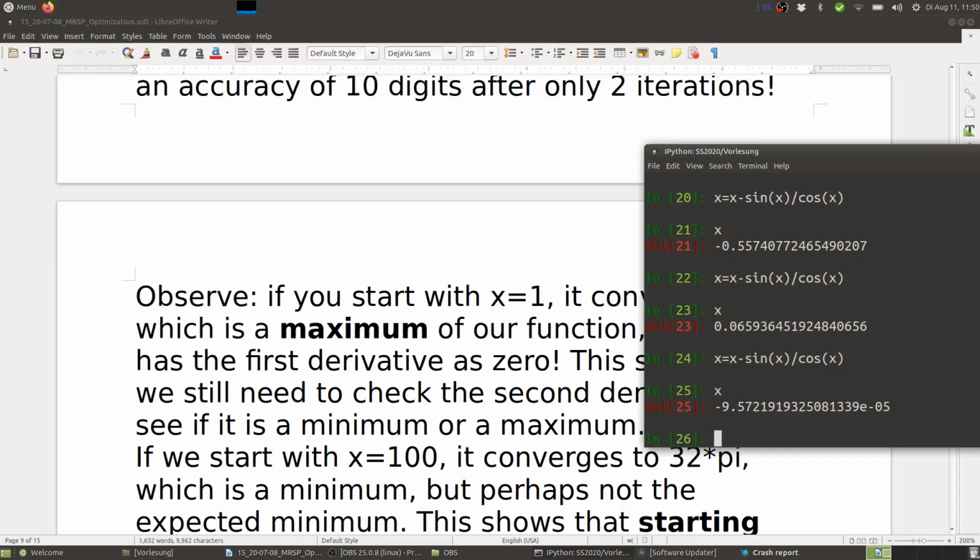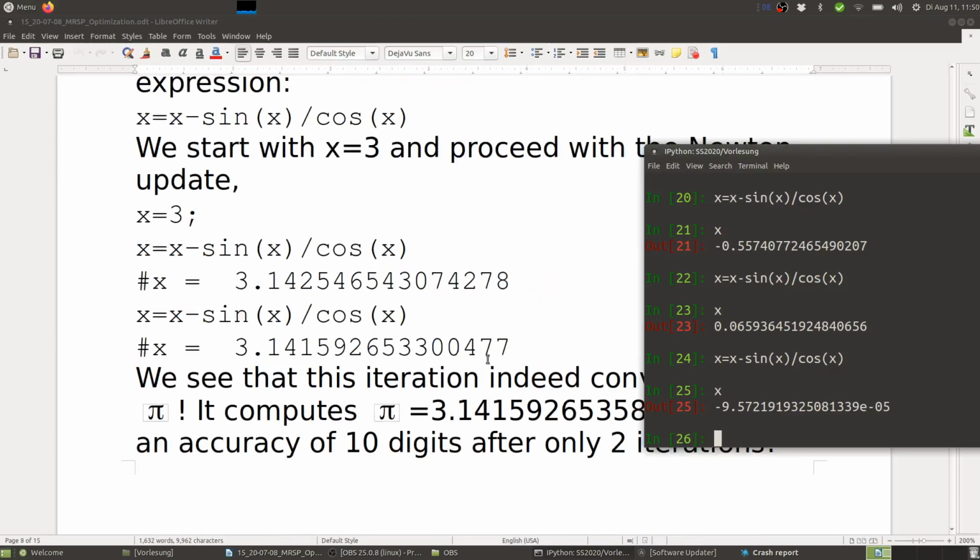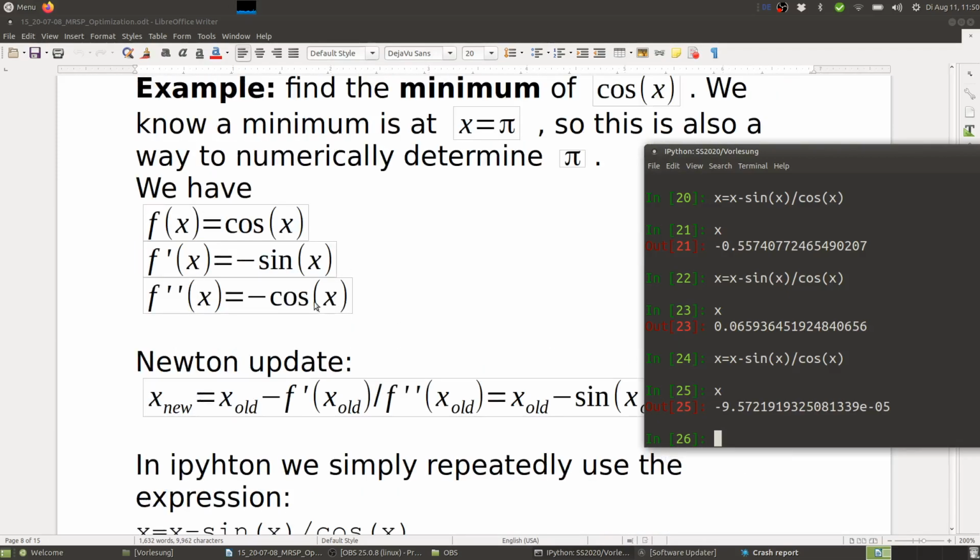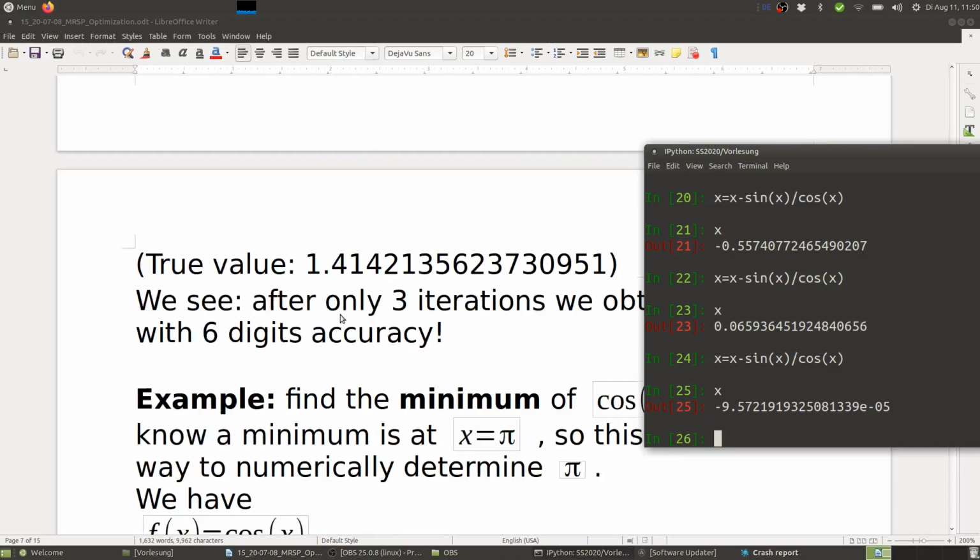And you can check that by evaluating the second derivative. So here the second derivative, remember, was the minus cosine. Cosine of 0 is 1, so minus cosine is minus 1. So does that fit?